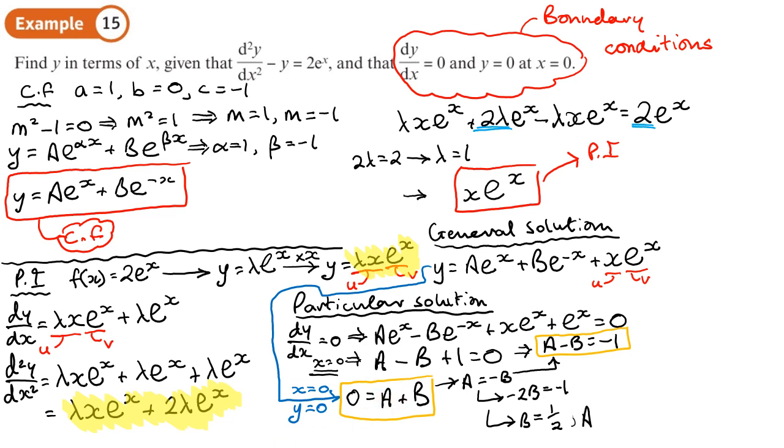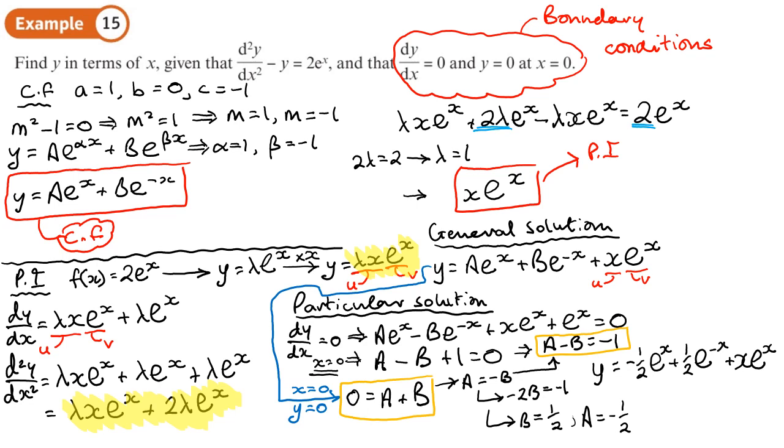So now our particular solution is going to be this, but with negative a half put here and half put here. So final solution, y equals negative a half e to the x plus half e to the minus x plus x e to the x.